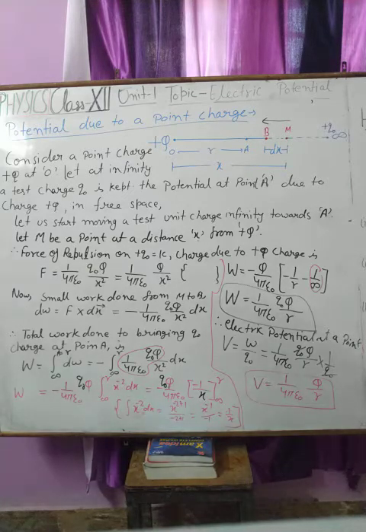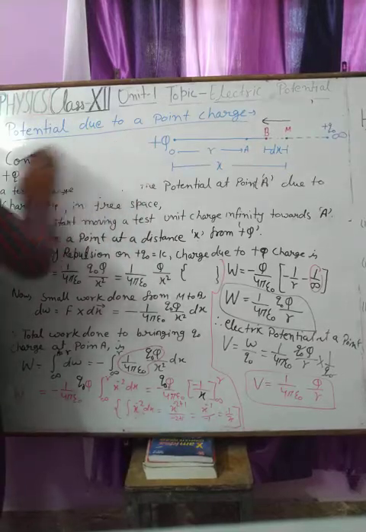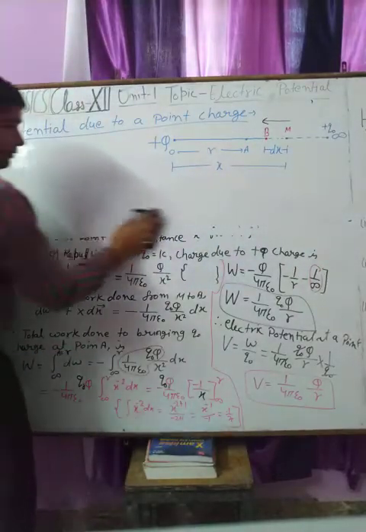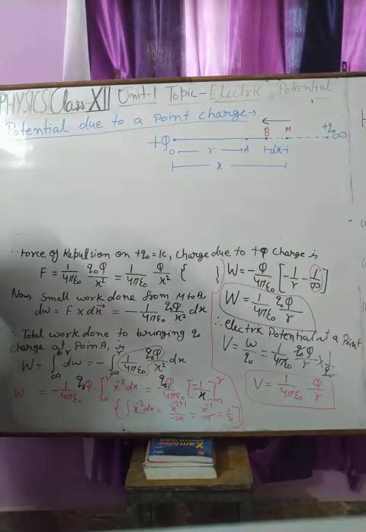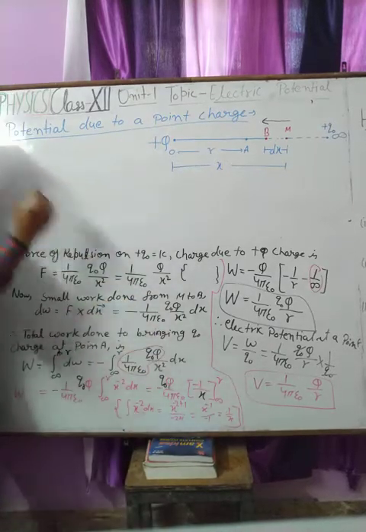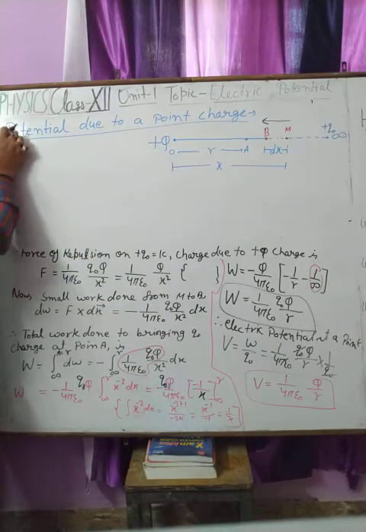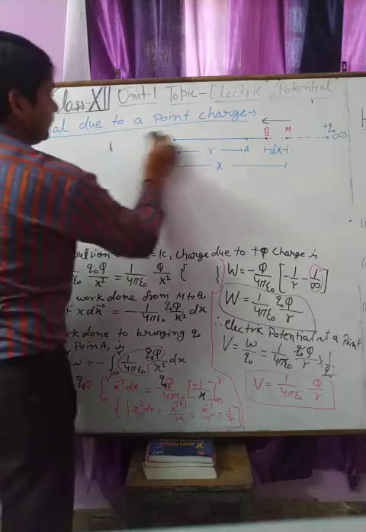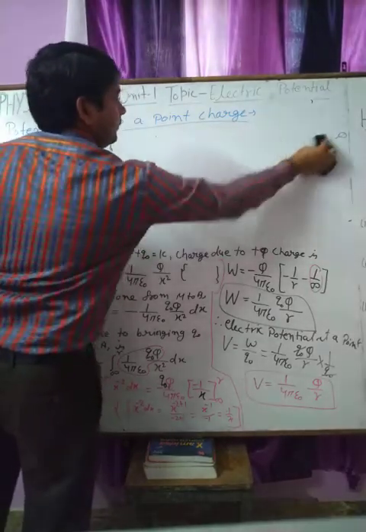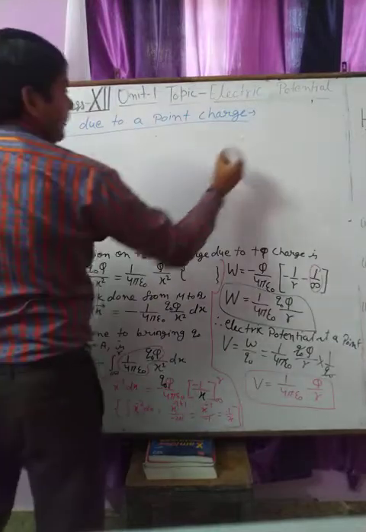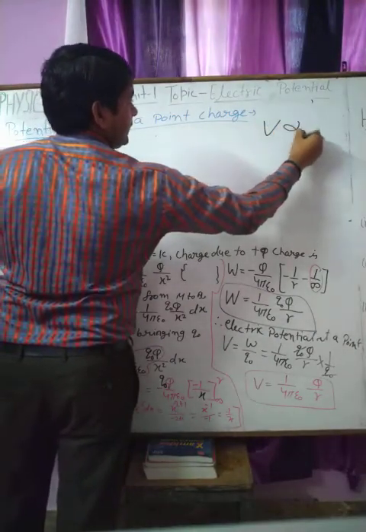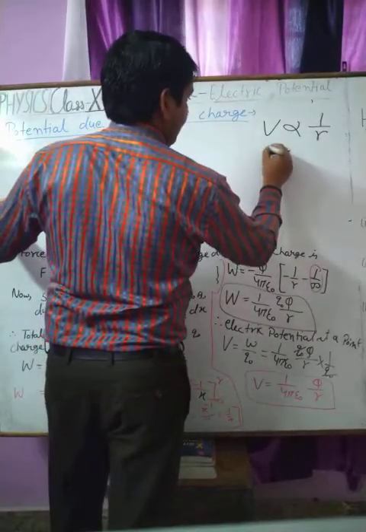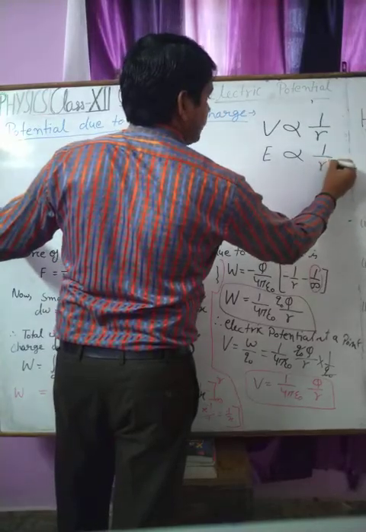Okay, student. The VR graph. When we plot the VR graph, from the formula we find that the potential is inversely proportional to R, and student, the electric field is inversely proportional to R square due to a point charge.